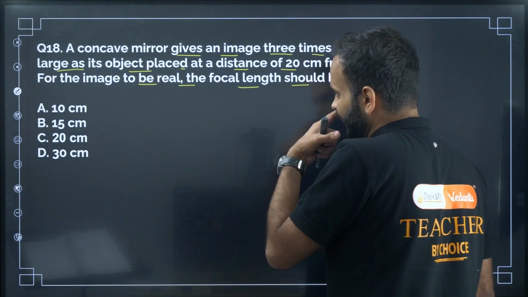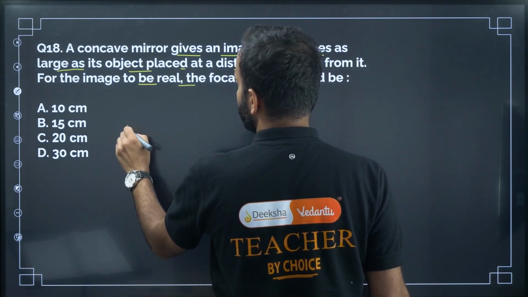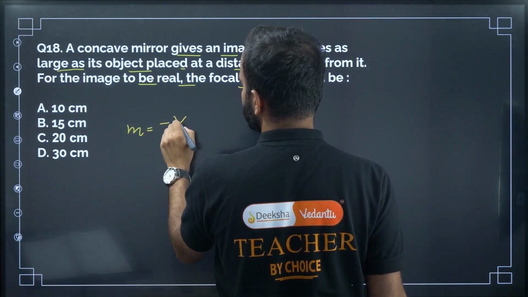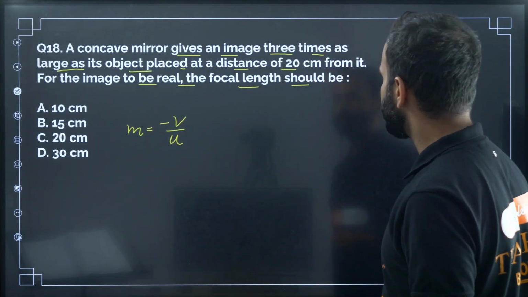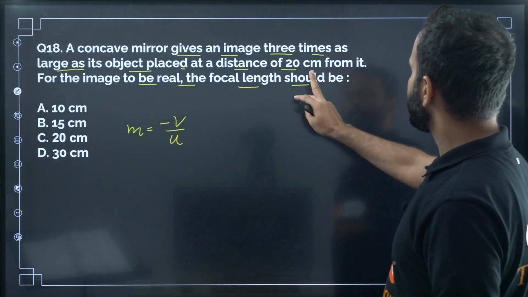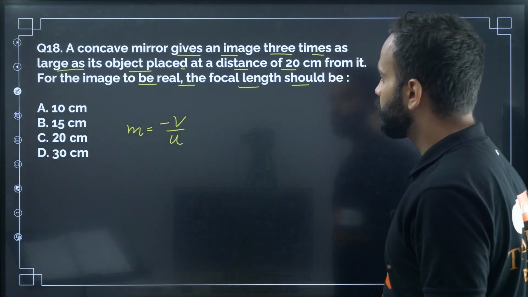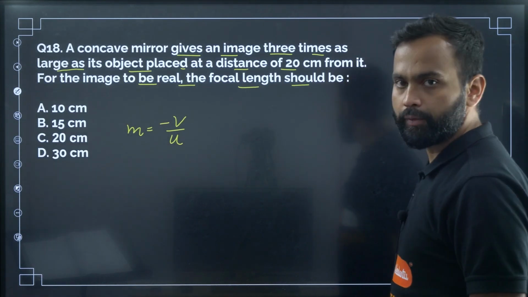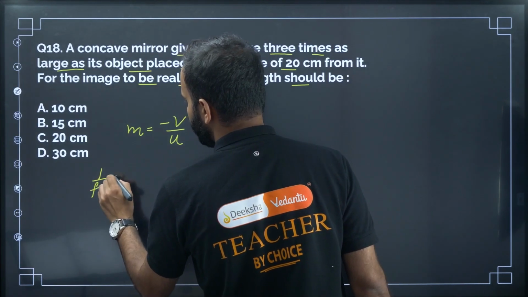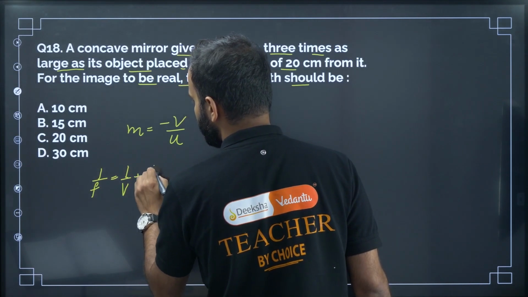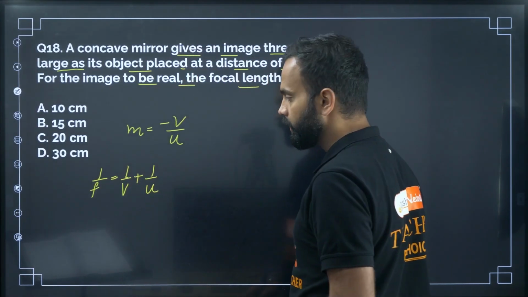Okay. So the magnification of the concave mirror m equal to minus v divided by u, right? Minus v by u. Here object distance is given 20 centimeter, right? So we need to find the focal length. So we know that mirror formula 1 divided by f equal to 1 by v plus 1 divided by u, right?